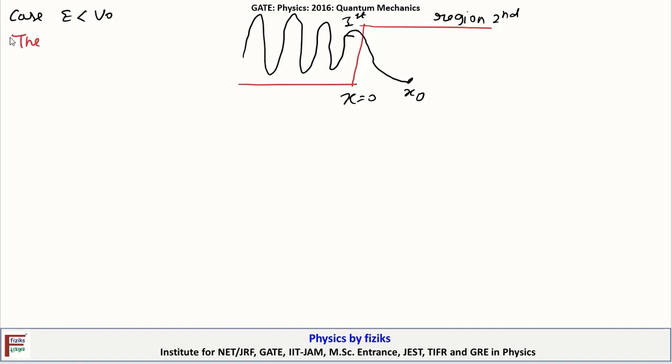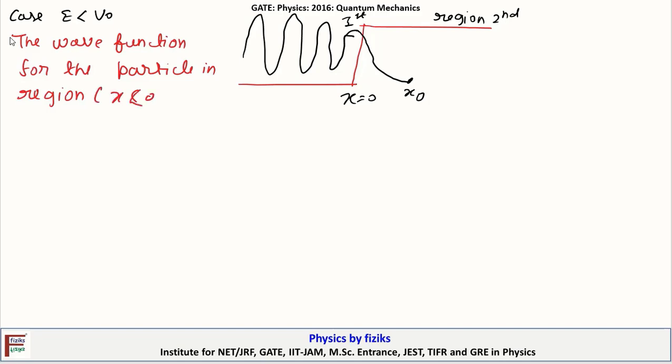The wave function for the particle in region x less than 0 is psi 1 of x equals A e to the power i k1 x plus B e to the power minus i k1 x.